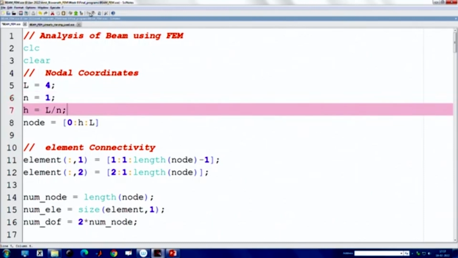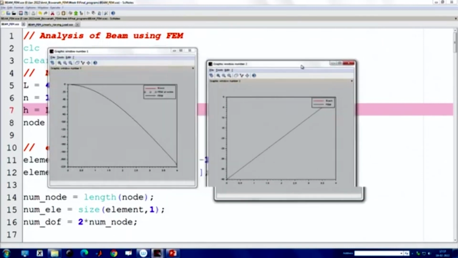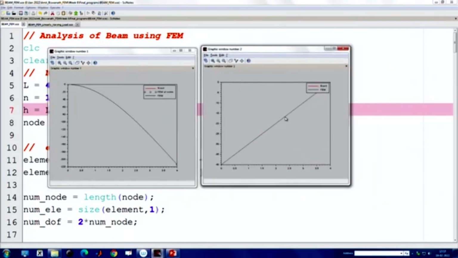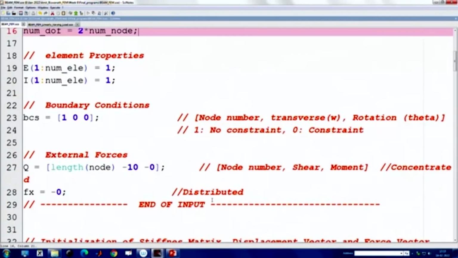Now, let's plot. See this plot. This is the deformed shape obtained from finite element and deformed shape from the equation, analytical results, and this is the bending moment. Let us see the error. We have defined an error like this.